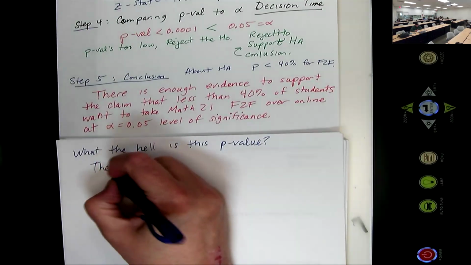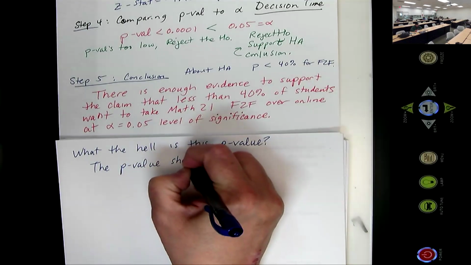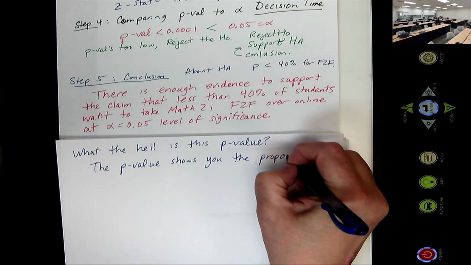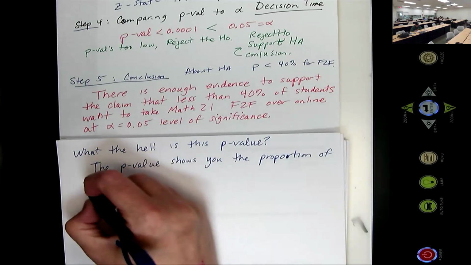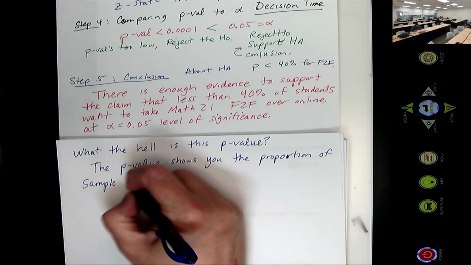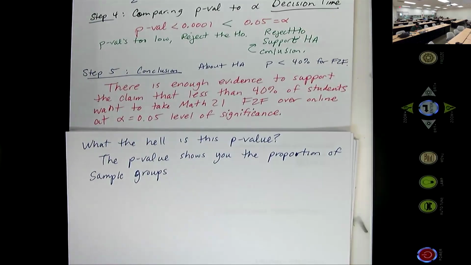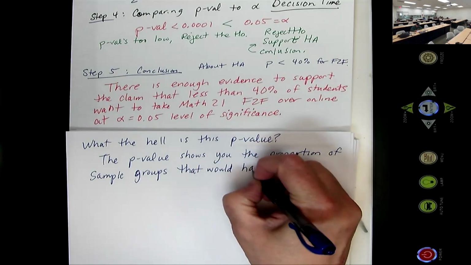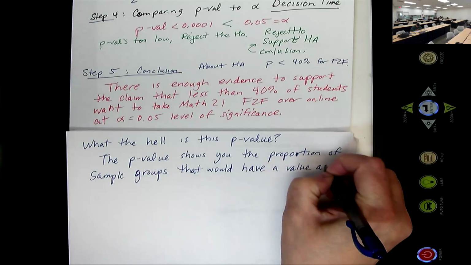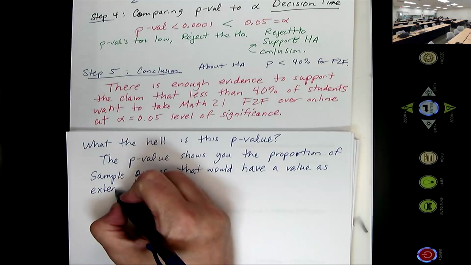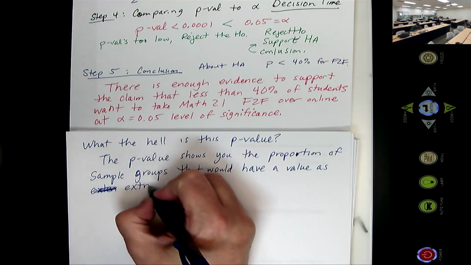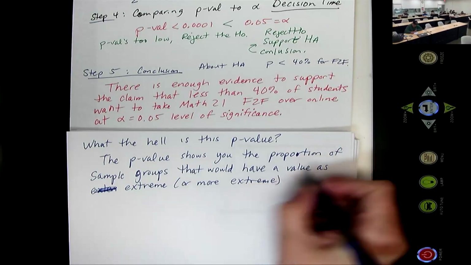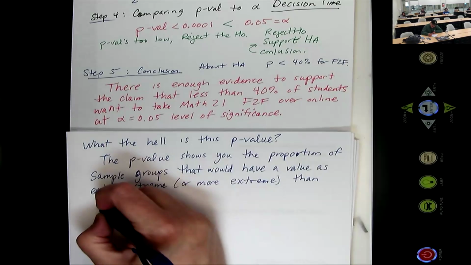The P value shows you the proportion of sample groups, if you did a bunch of them, that would have a value as extreme or more extreme than what we found.